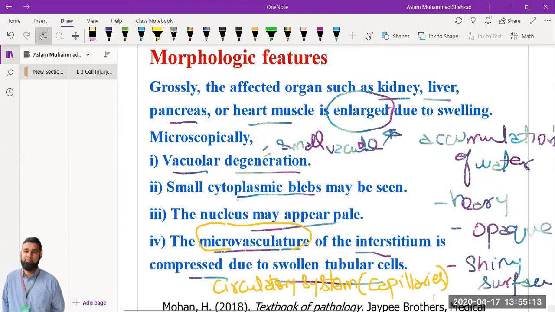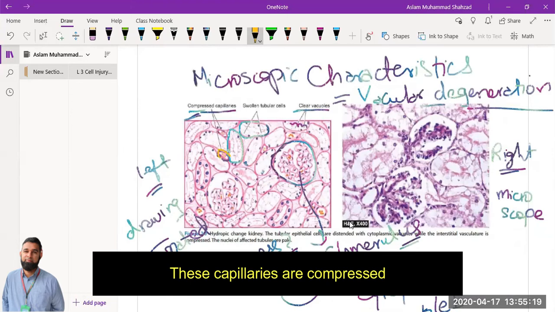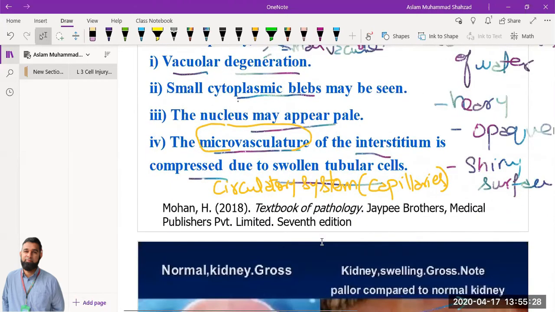So if we go back to the picture again, they are talking about these capillaries being compressed because of the swollen tubular cells. So they are talking about the same thing, that the microvasculature of the interstitium is compressed due to swollen tubules.